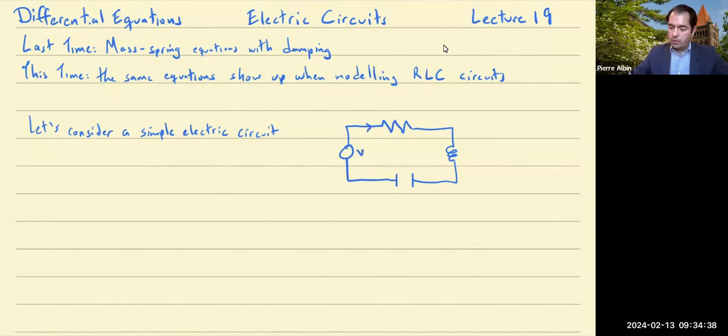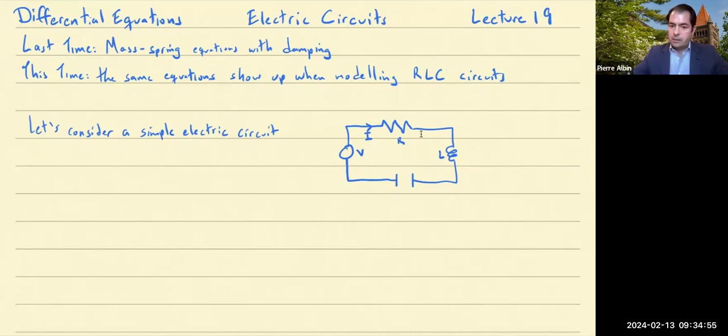I'm going to put a V over here for voltage, I for the current, R for resistance, L for the inductance.